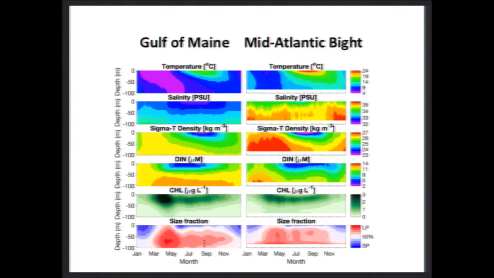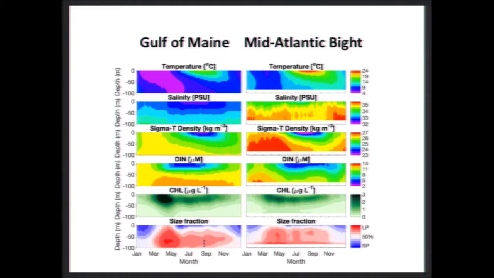The point I wanted to make here is that the vertical physical structure makes dramatic differences for the phytoplankton productivity and nutrient regimes. Here we have the Gulf of Maine side, which is colder and fresher, and the Mid-Atlantic Bight, warmer and saltier.